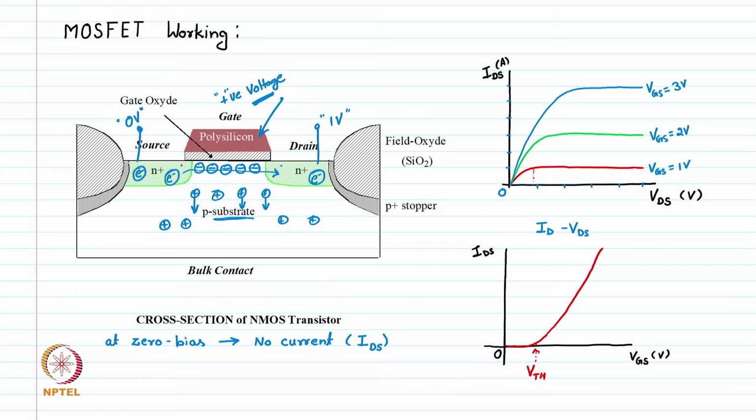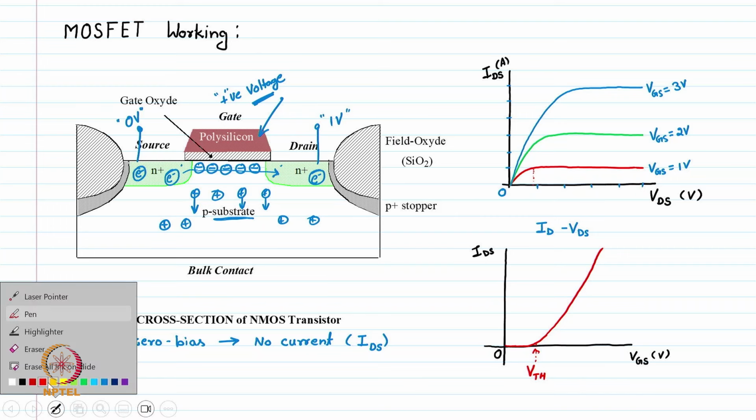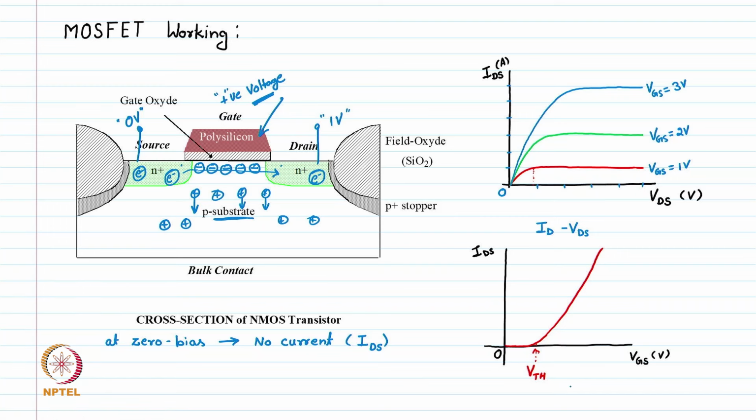So below this threshold voltage the device is off, and above the threshold voltage we generally consider the device is on. So this is our ID versus VDS and ID versus VGS characteristic. So this is how a MOSFET works. Let's see some equations for a MOSFET which we generally use.